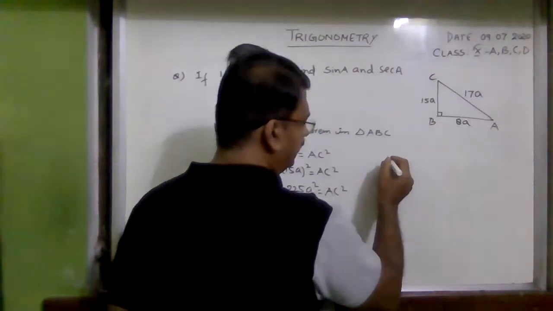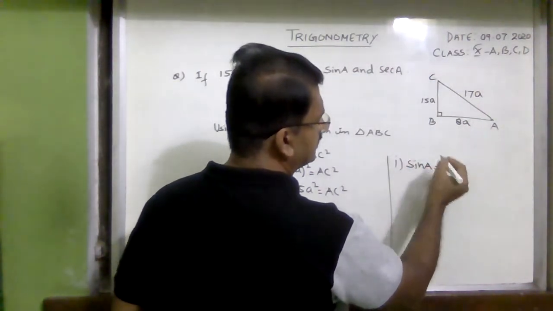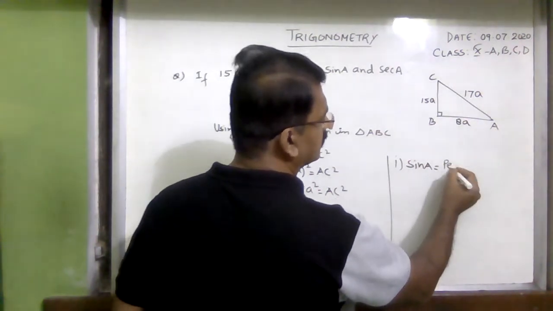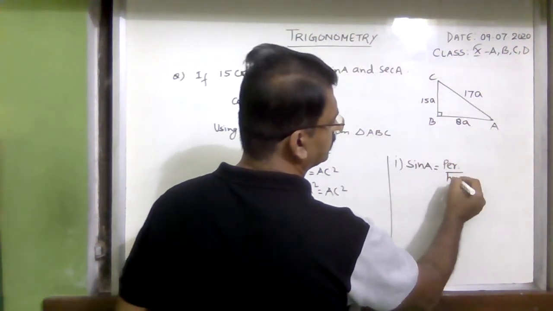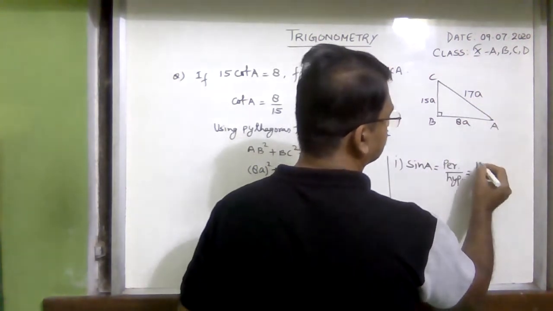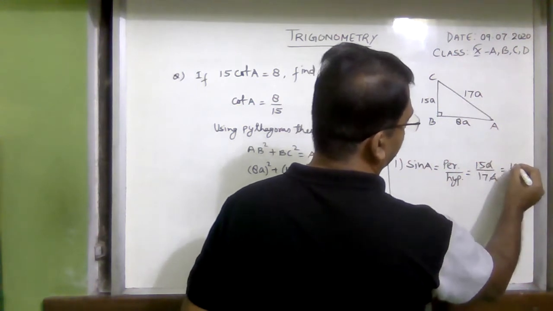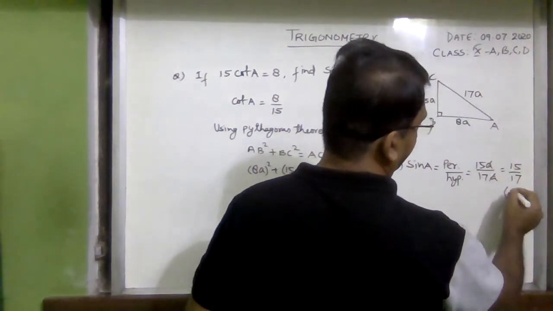So when you find sin A, you know sin A is perpendicular upon hypotenuse. That is 15A upon 17A. A cancels out. So it is 15 upon 17.